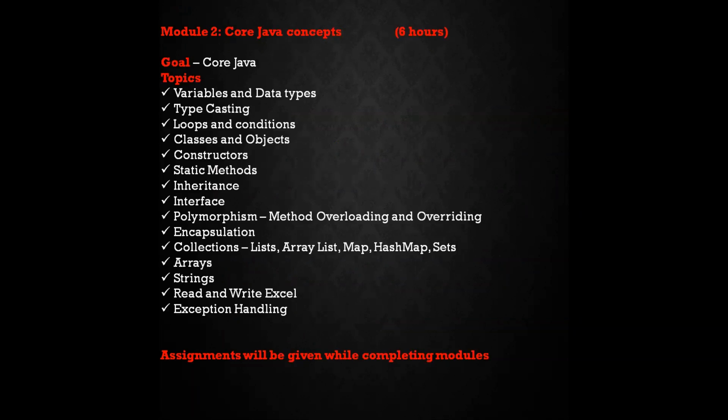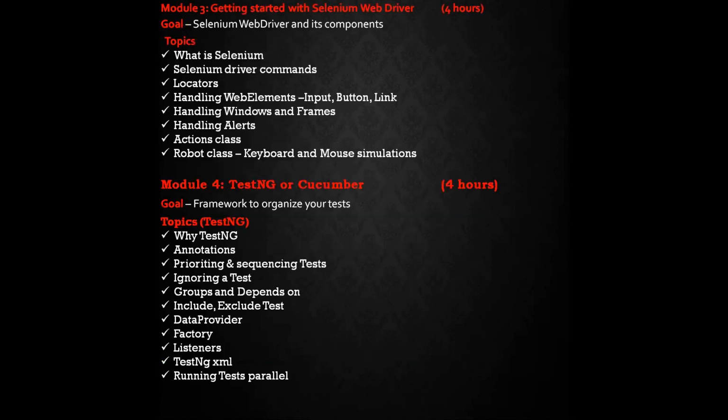Core Java concepts are also essential to start working on Selenium, since we are using Java as the programming language. And we will be covering the core components of Selenium and the Robot class and everything.